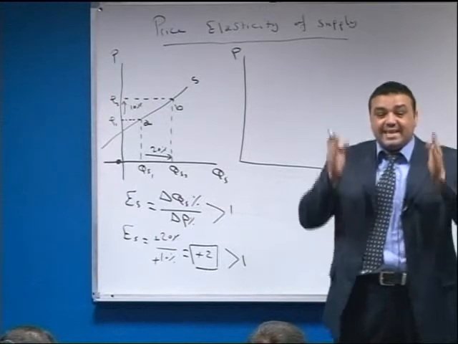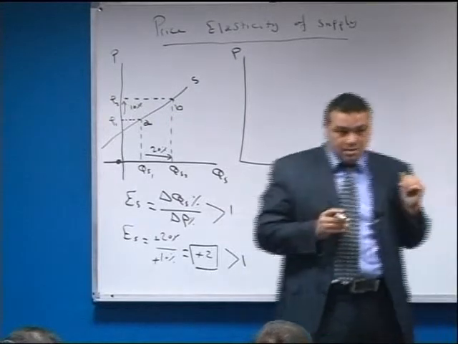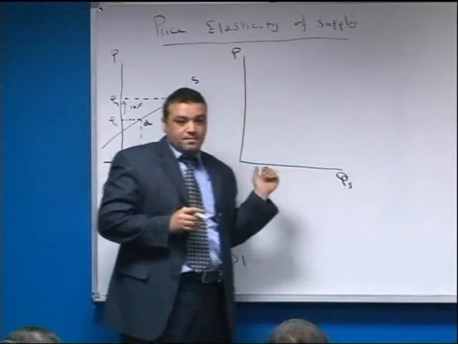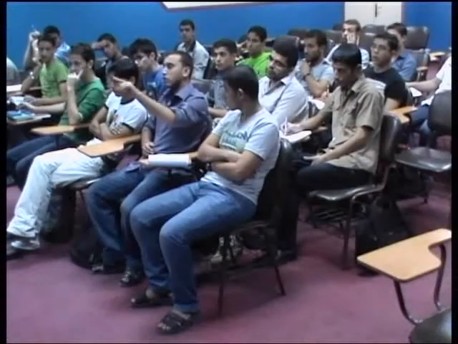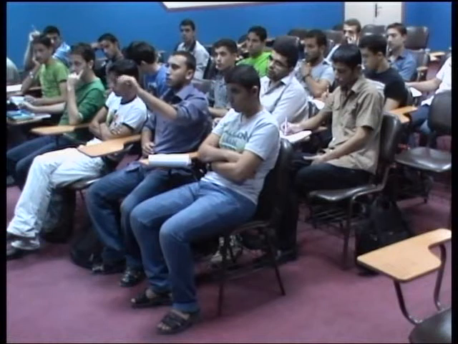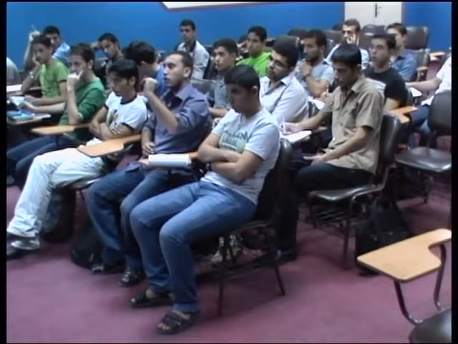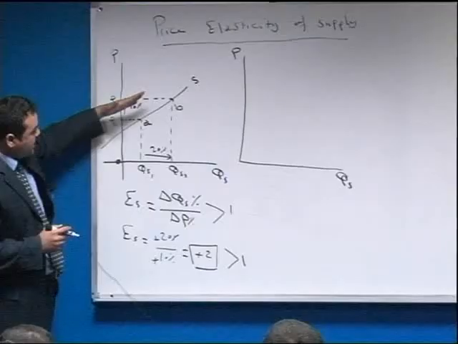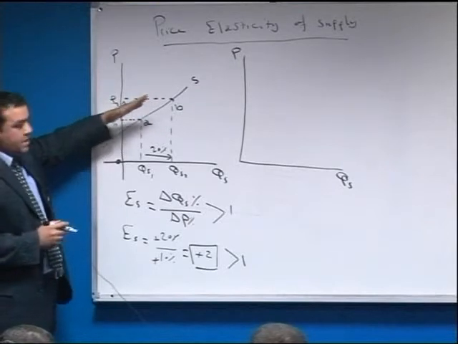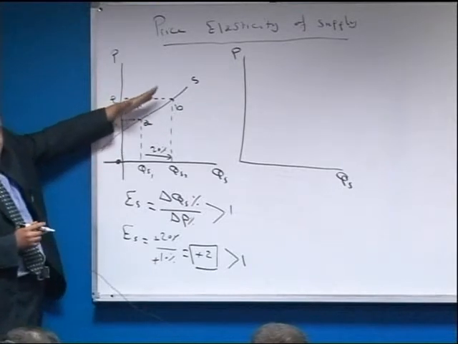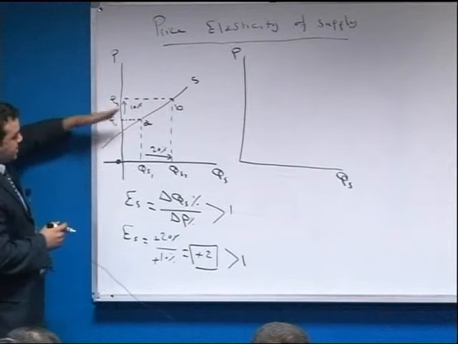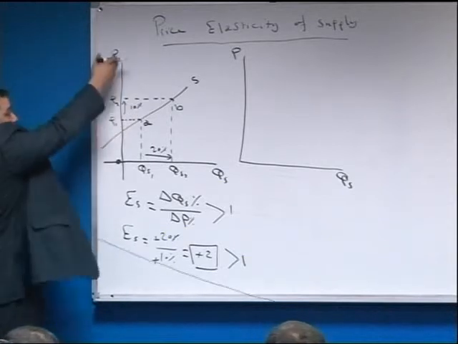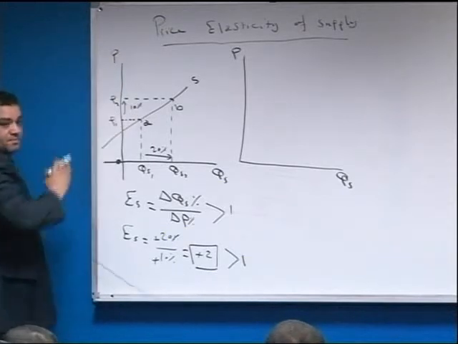Would be perfectly inelastic. Yes. We're coming to this point, Muhammad. The supply curve intersects the price axis not at zero but above. Yes, above. In this case, as you see, when supply is elastic, the supply curve intersects the positive price.